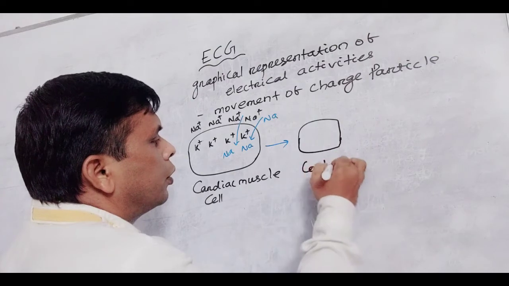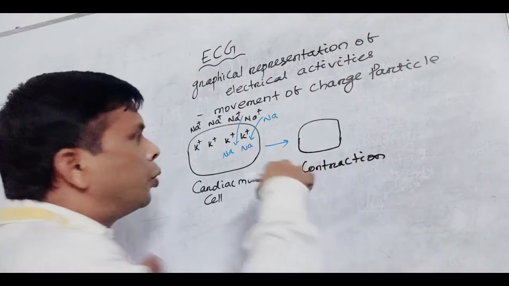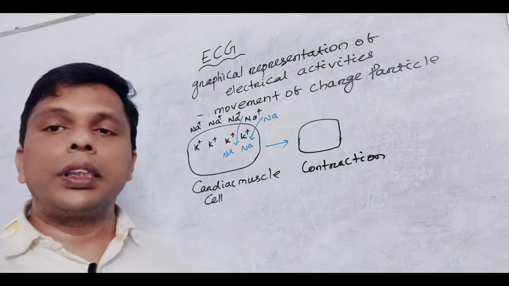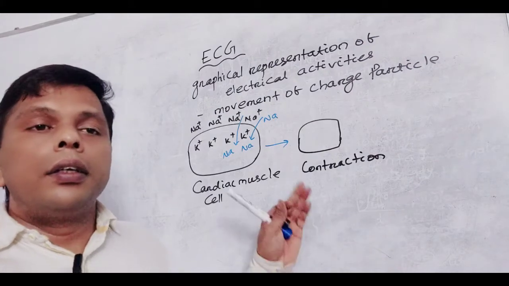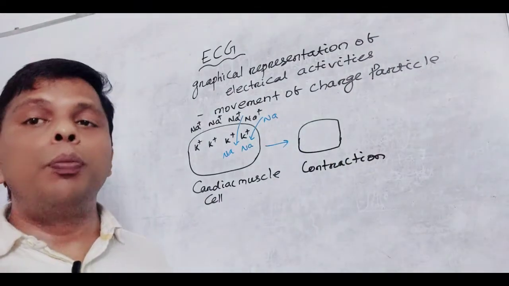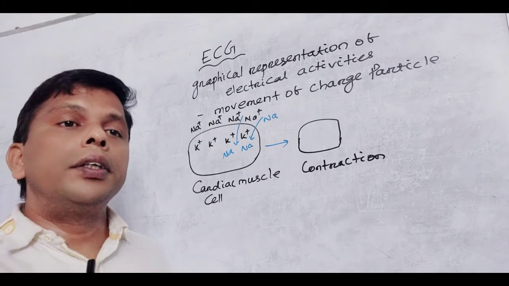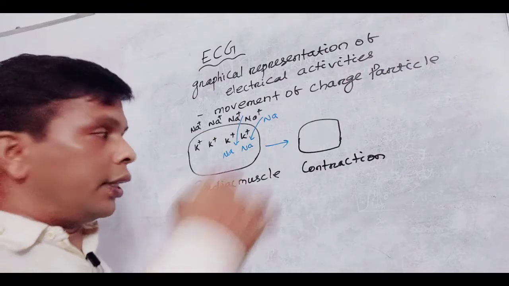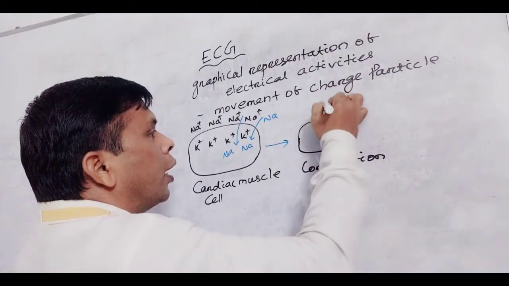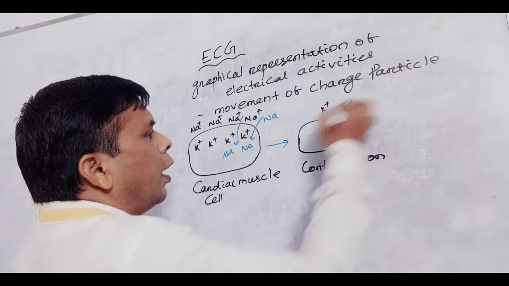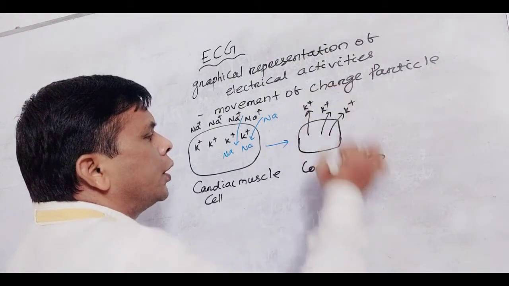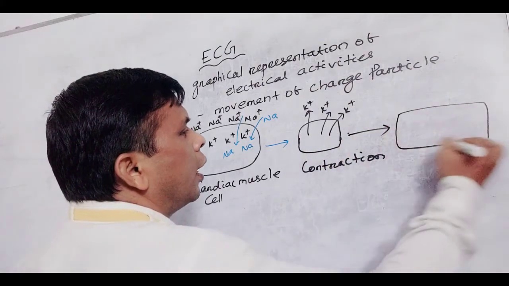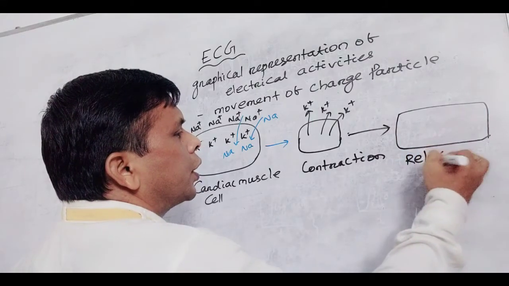The contraction is due to influx of sodium into the sarcoplasm. How does it relax again, repolarize? When the potassium ion moves out, it causes relaxation, that means diastole. The movement of potassium out of the cell causes relaxation. It is the relaxed state.